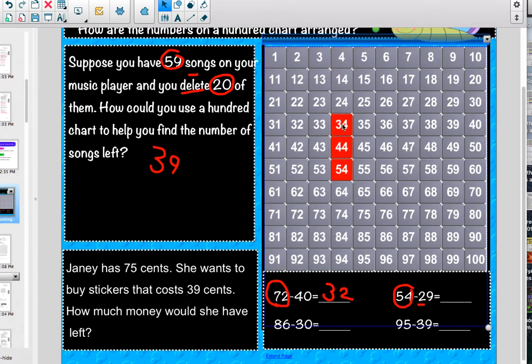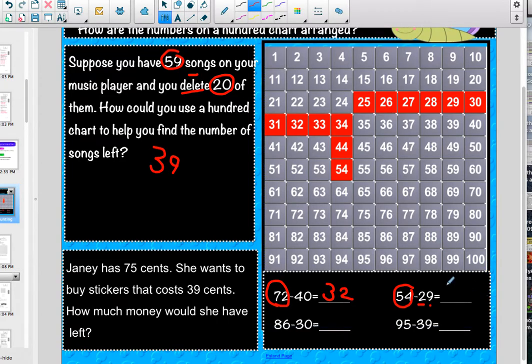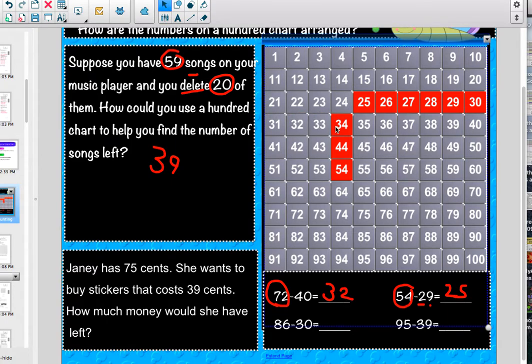Now, if I was adding, I would go right, but if I'm taking away, I'm going to go left, right? So notice it says 9 ones, so that means I'm going to go 9 ones to the left. I'm going to take away 1, 2, 3, 4, 5, 6, 7, 8, 9, which would leave me at an answer of 25.